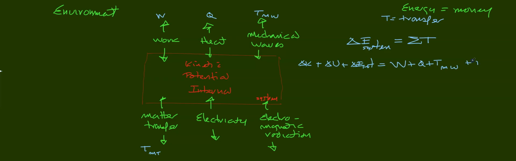I want to put it the same way the book does. It could be electricity, right? Electrical transmission, ET. Or it could be electromagnetic radiation, which the book calls TER. And this is the general expression for all the possibilities you can have in a non-isolated system.